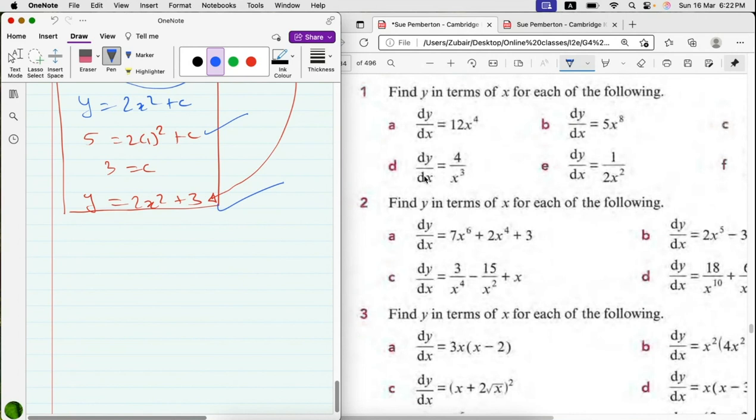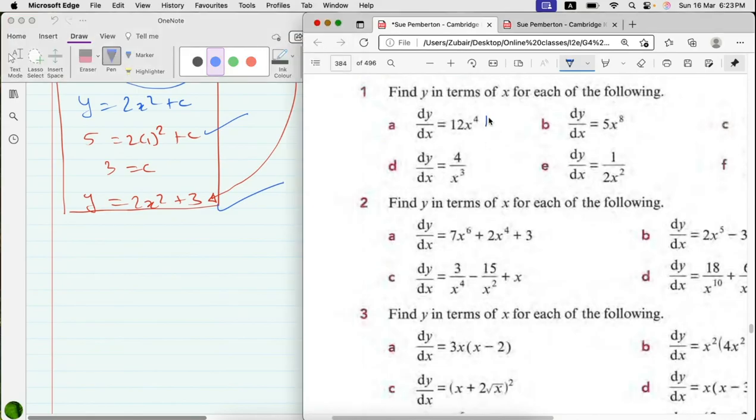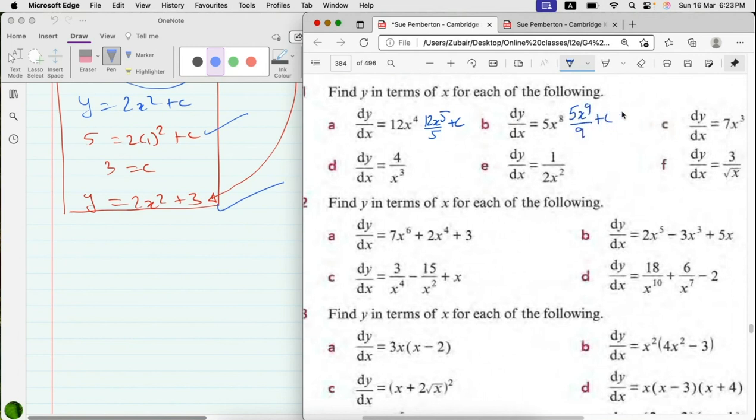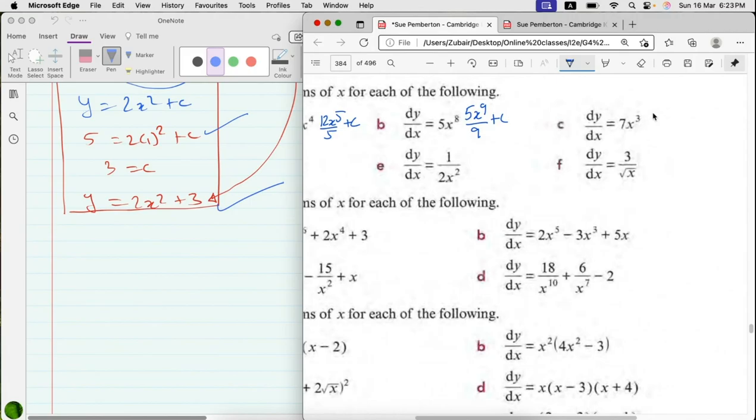So it would be 12x^5 over 5 plus c. Power plus 1, yes. B part, just keep going. Then this would be 5x^9 over 9 plus c. That's c. Very good. Keep going. 7x^4 over 4 plus c. Very good.